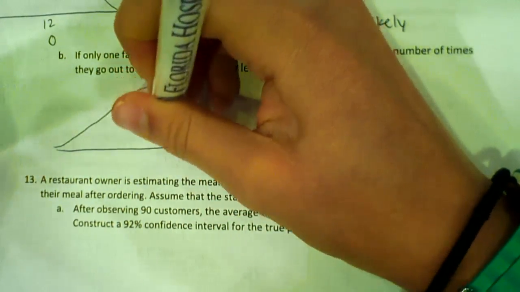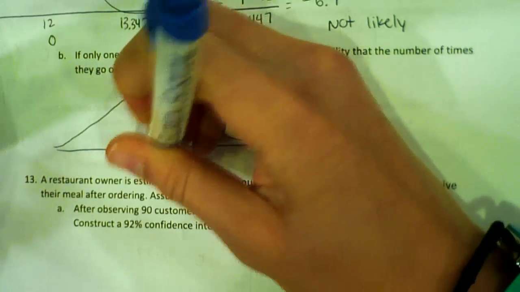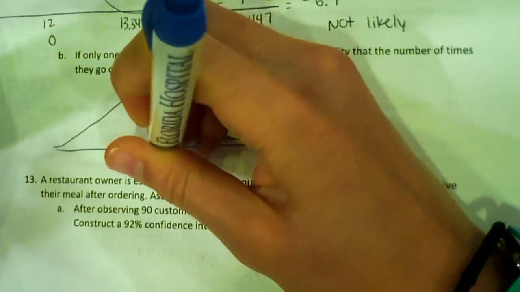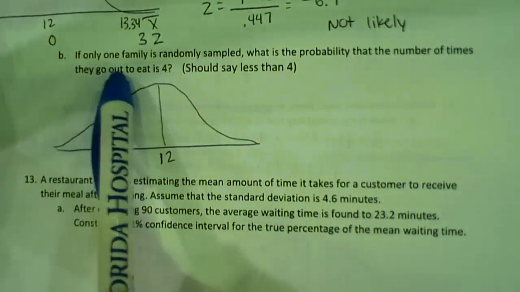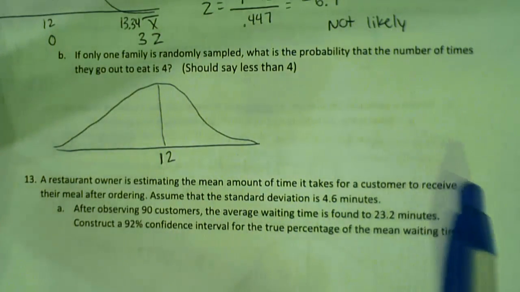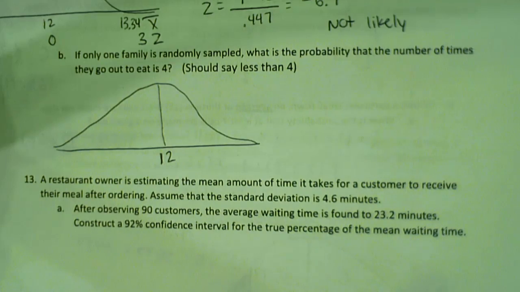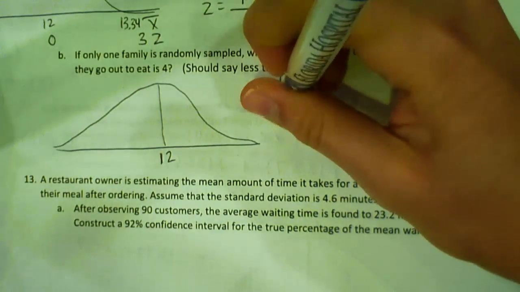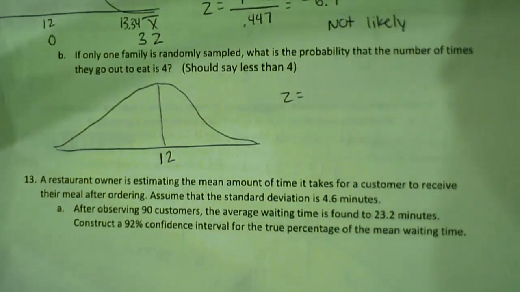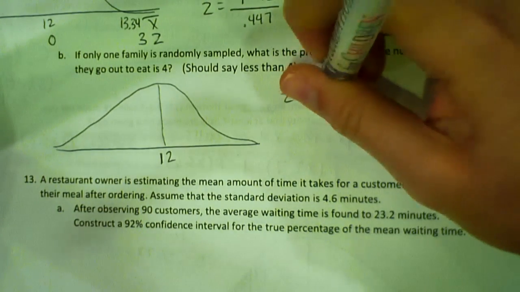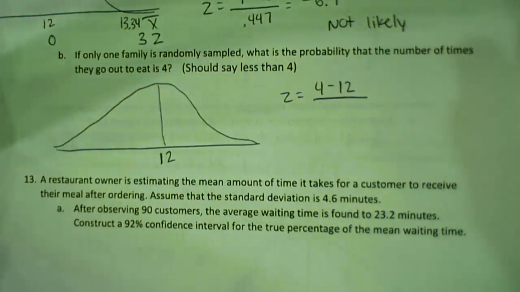All right, we have 12 in the middle. And if we're only sampling one family, our sample size is just 1. So basically our standard deviation would just be 3. And we're just finding the z-score.